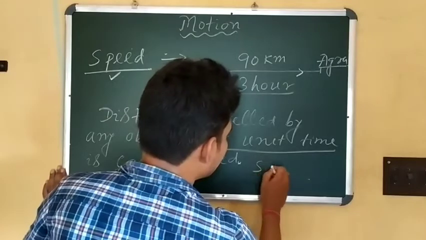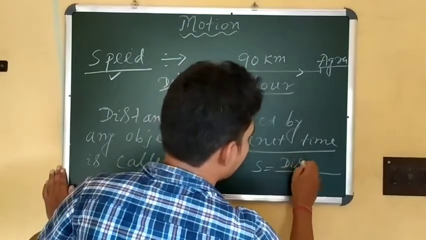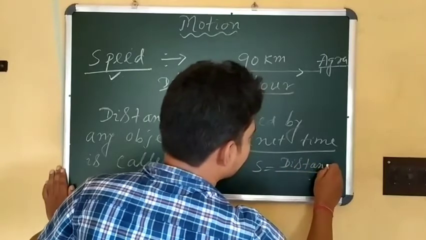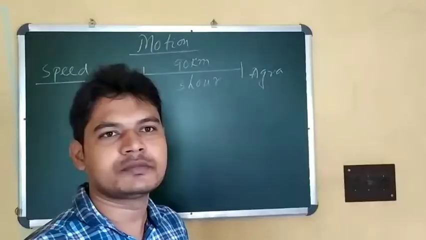So speed S equals total distance by time.